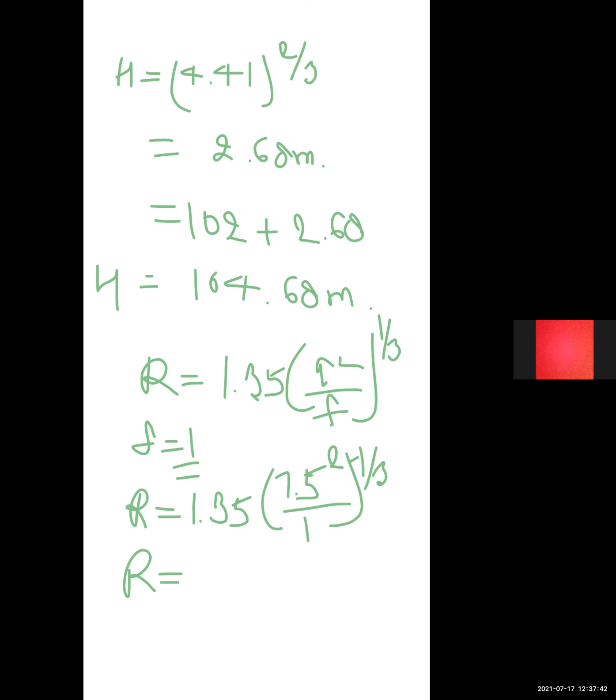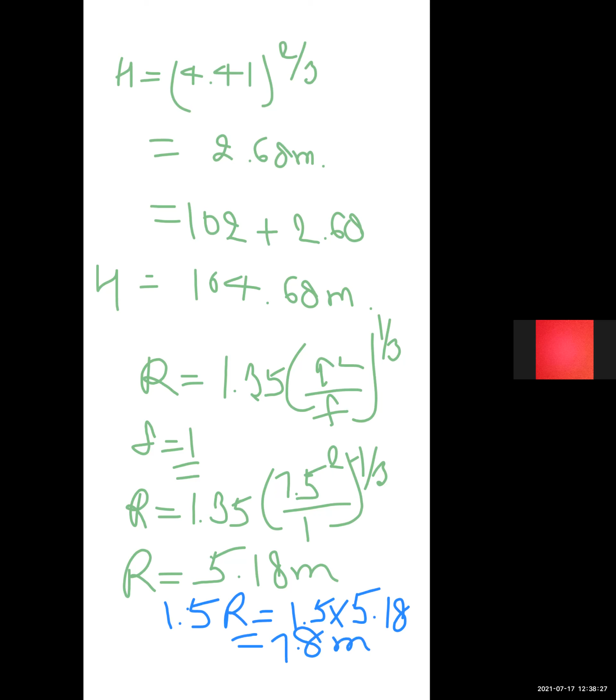This value is approximately 5.18 meter. So depth of upstream sheet pile from below upstream HFL, we can calculate, that is 1.5 R, and this value equal to 1.5 into 5.18. So this is 7.8 meter.